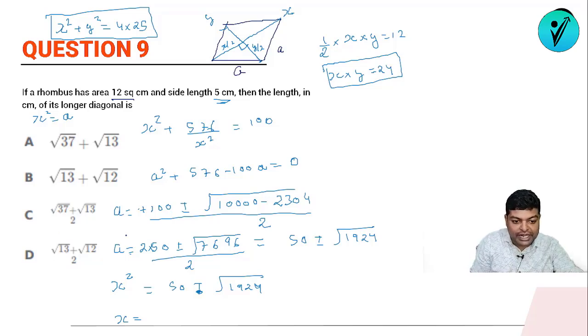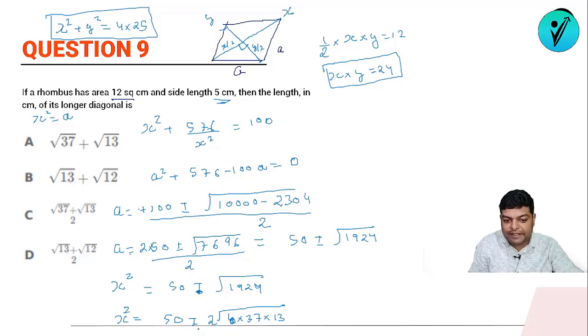So we can also write it like this. It is 50 plus minus root under 4 into 37 into 13. Take this 4 out of the root, so it becomes 50 plus minus 2 times root 37 into root 13.